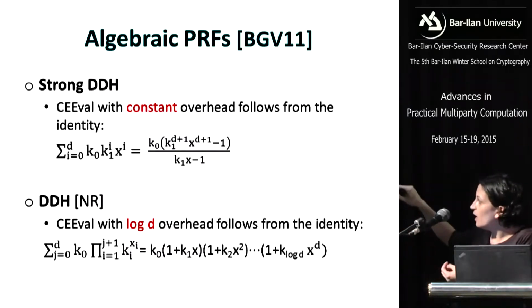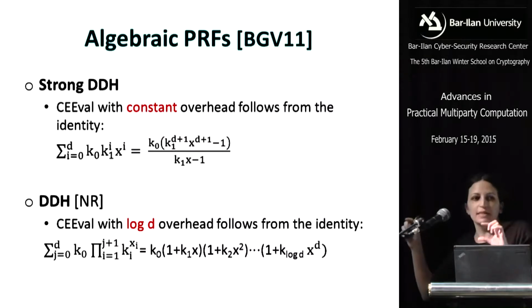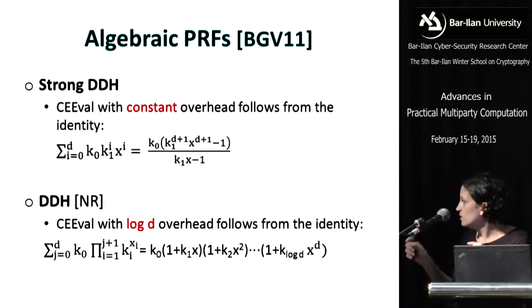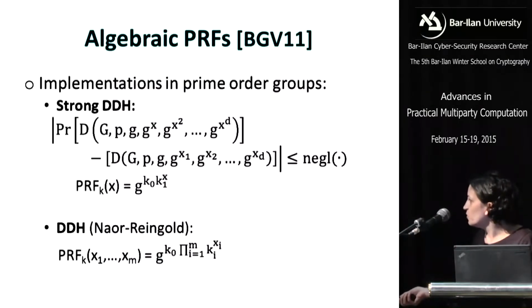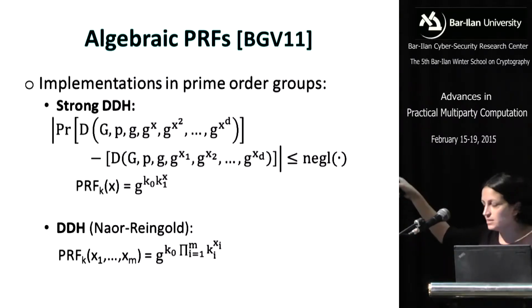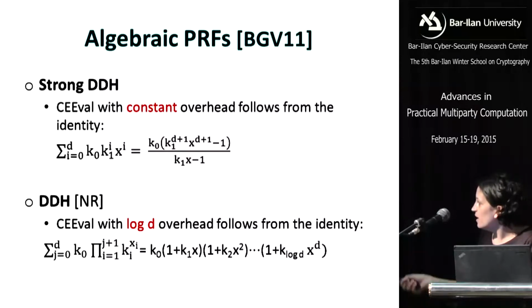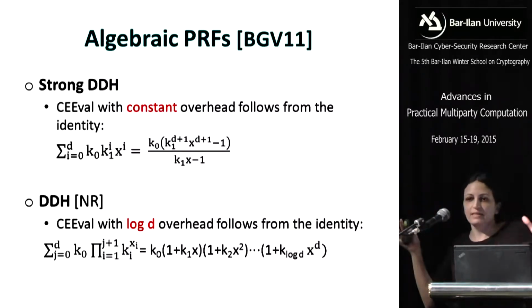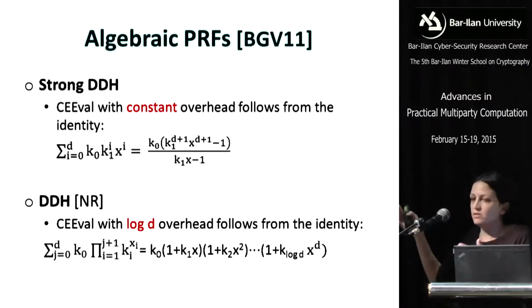We compute the element in the exponent, so for instance, before we had this function g to the k_0 k_1 to the x. If you add up the elements in the exponent, you just get a formula, like the formulas we learned in high school.